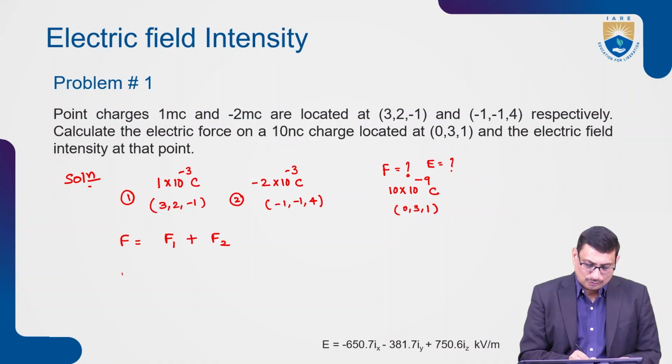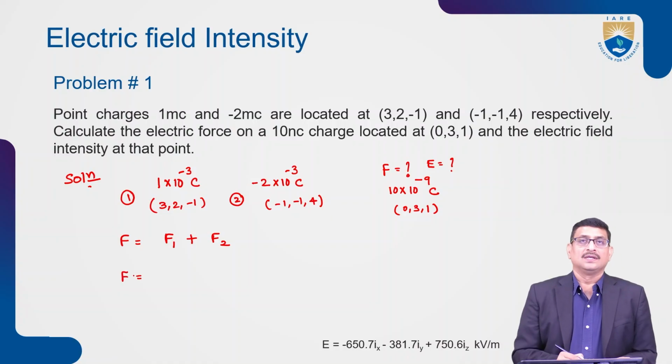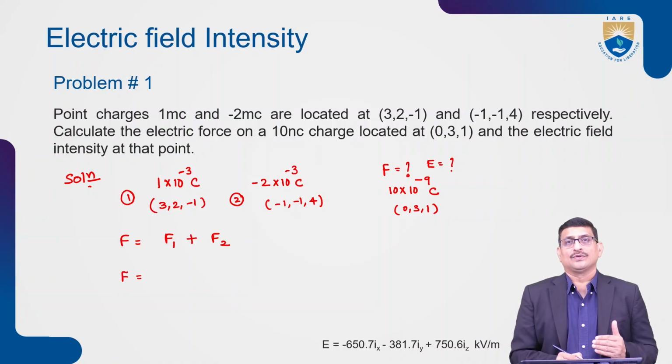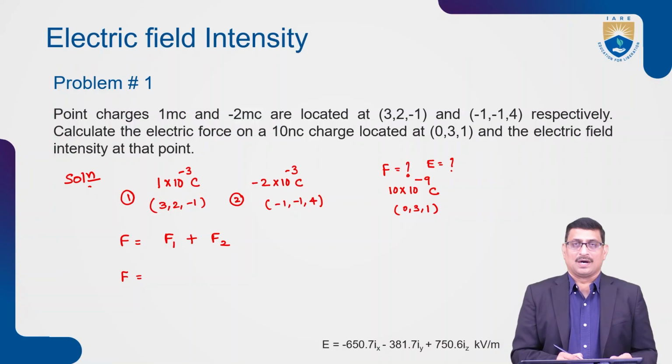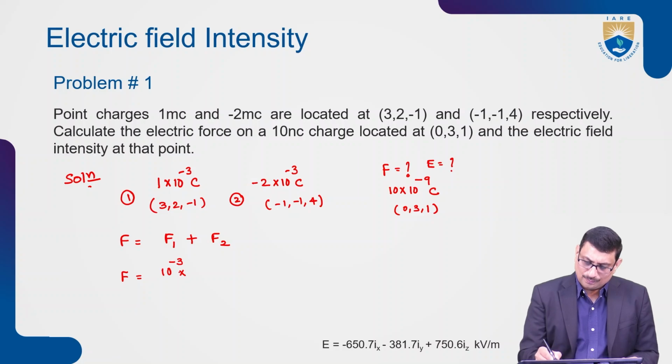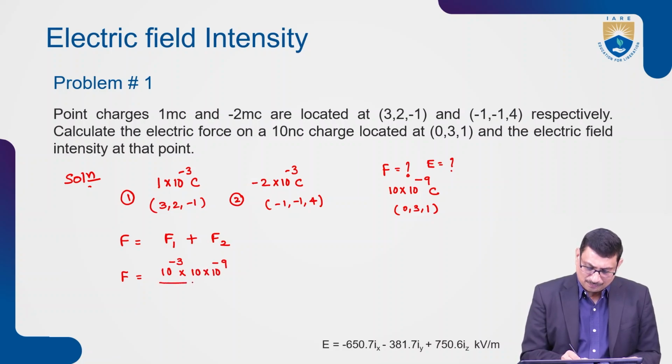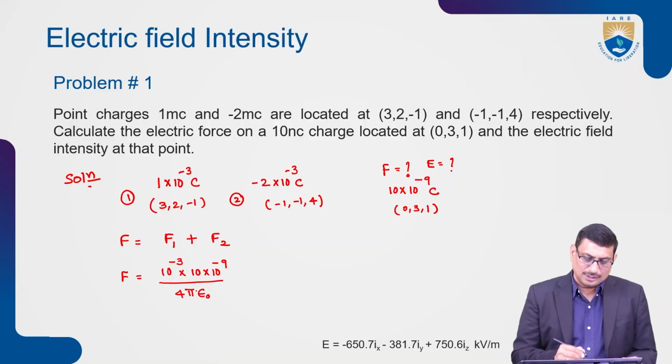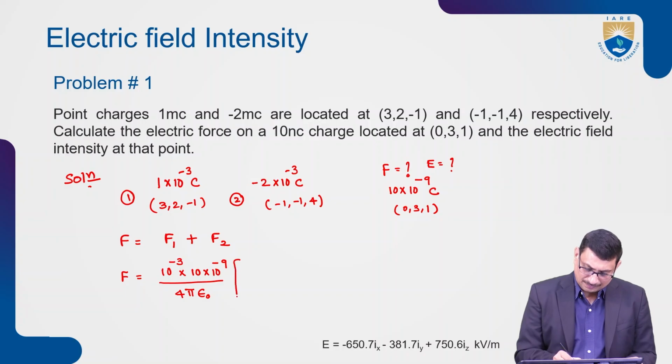To calculate the force by using Coulomb's law, we know that F is equal to Q1 Q2 divided by 4 pi epsilon naught R cubed into R bar. So here, Q1 is 1 millicoulomb, 10 power minus 3, into 10 power minus 9, divided by 4 pi epsilon naught. Let us assume that they are placed in free space, since nothing else is given.